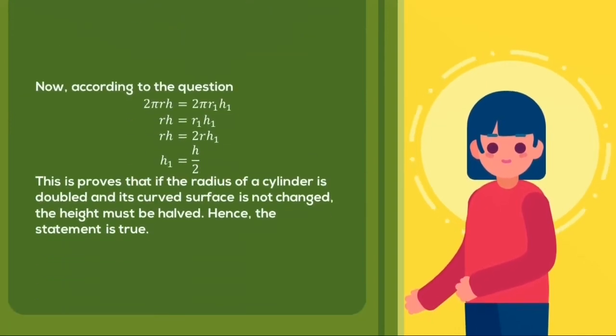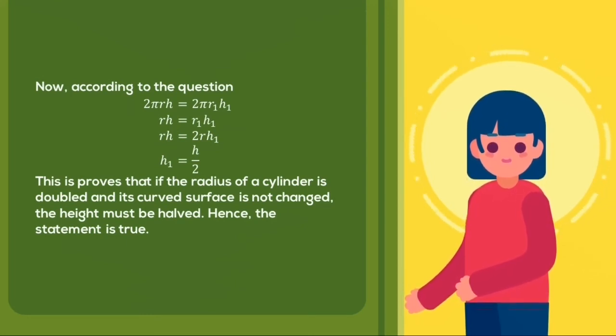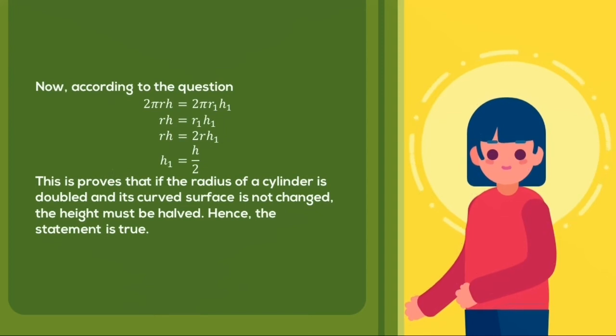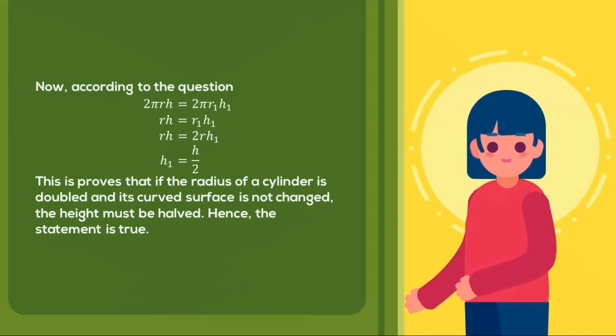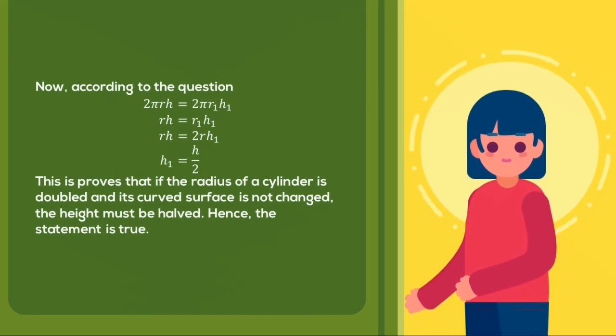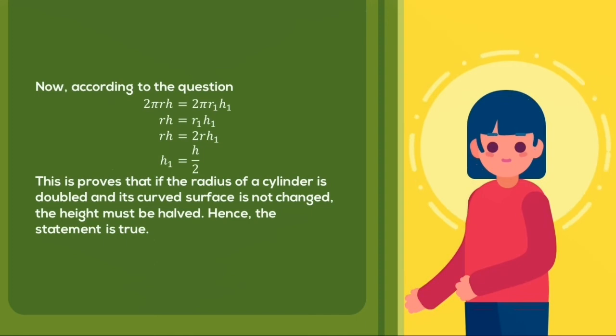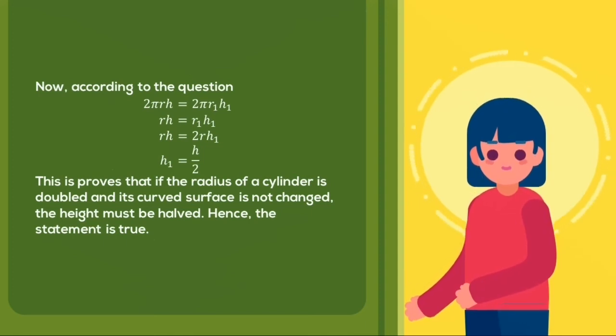Now, according to the question, 2 times pi times r times h is equal to 2 times pi times r1 times h1. And dividing this equation by 2 pi, we get r times h is equal to r1 times h1.